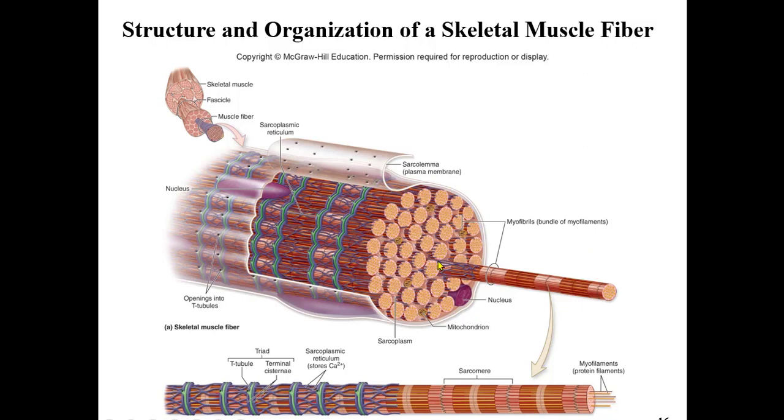The other thing that the author mentions before I go any further, and I already mentioned nucleus, which I showed you up here, but it also says a lot of mitochondria. So muscles have a lot of mitochondria. And if you recall from the earlier chapters, a cell has mitochondria for ATP production. So your muscles need a lot of ATP energy.